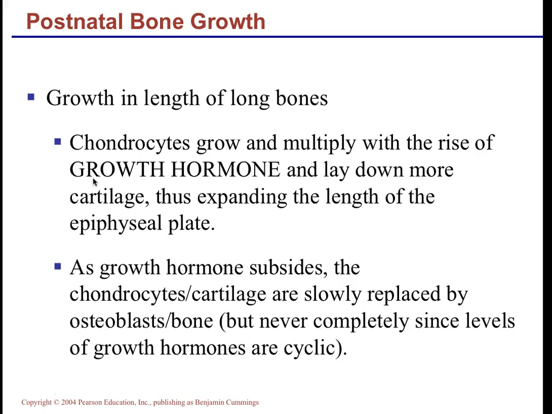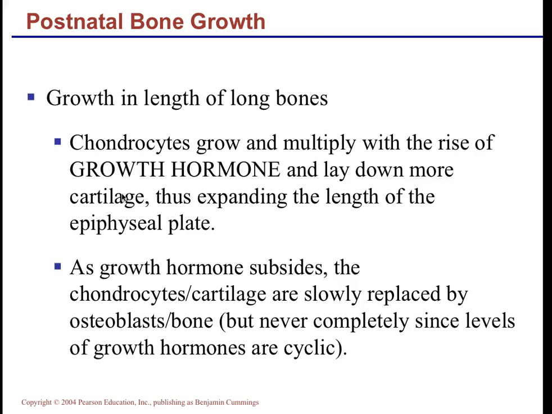Now, here's the trick. Growth hormone only stimulates chondrocytes to make cartilage. Growth hormone in no manner, shape, or form is going to stimulate any bone-making cell at all. Growth hormone has no effect on osteoblasts, osteocytes, or osteoclasts.